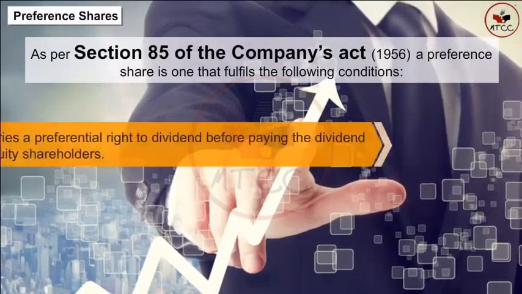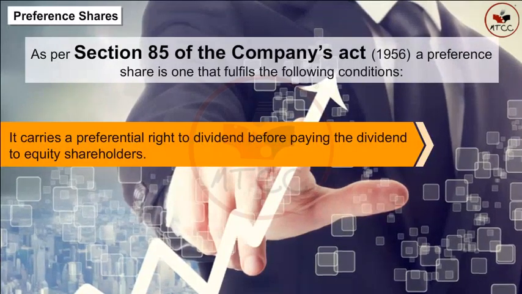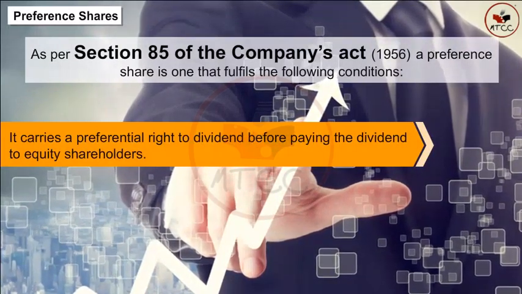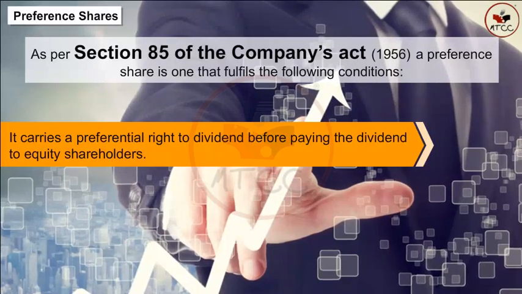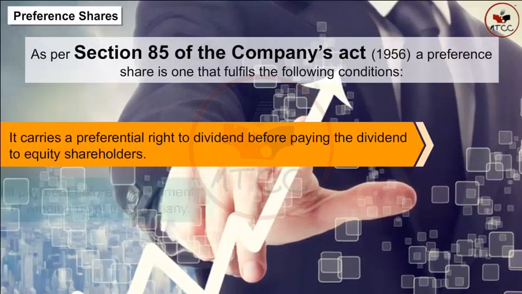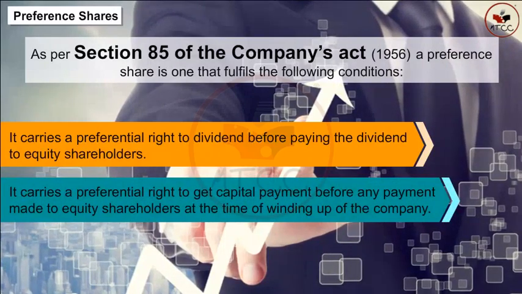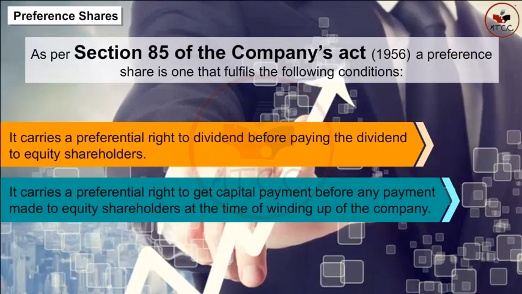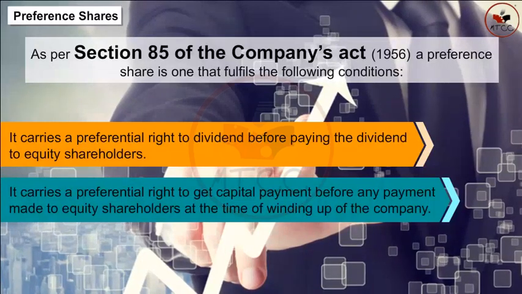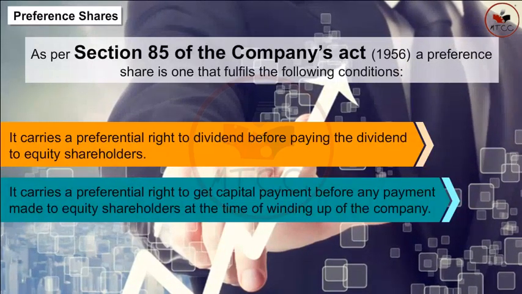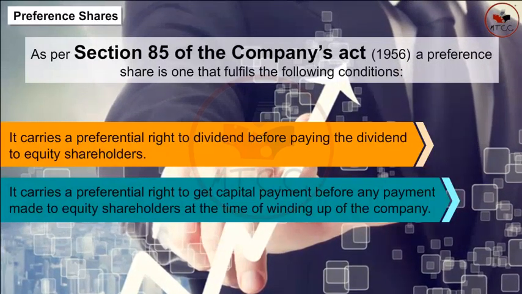A. It carries a preferential right to dividend before paying the dividend to equity shareholders. B. It carries a preferential right to get capital payment before any payment is made to equity shareholders at the time of winding up of the company.